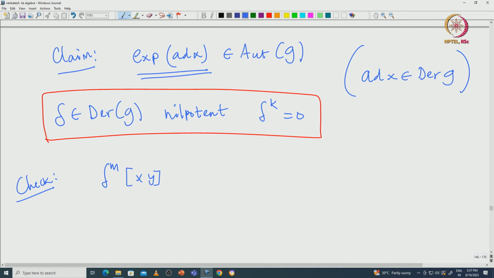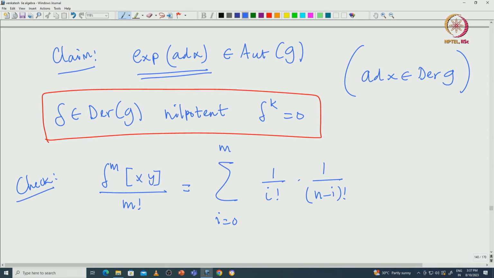So, if you apply delta power m for any m on the bracket x y and divide by m factorial, then what you get is nothing but the summation, i ranging from 0 to m, of 1 by i factorial and then 1 divided by m minus i factorial, times the bracket of delta i x with delta m minus i y.